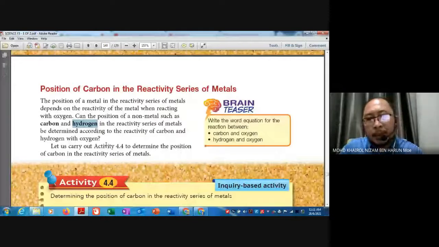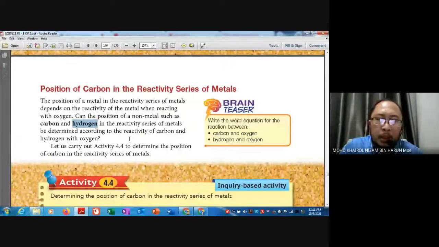Because of this special reactivity towards metal compounds, the scientists put these two elements into the reactivity series of metals.